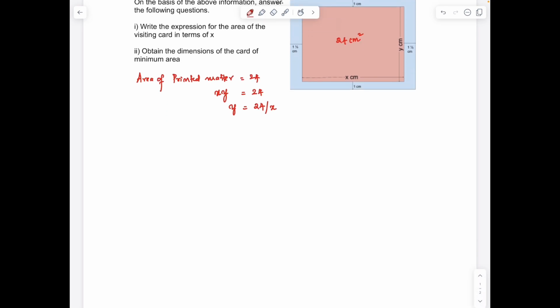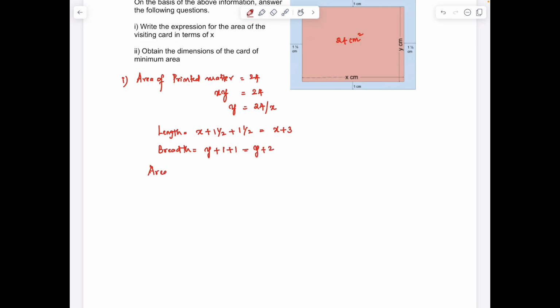The subdivision 1 says write an expression for the area of the visiting card, entire visiting card. So the dimensions of the visiting card, length is equal to x plus 1.5 on either side, which is x plus 3, and breadth is equal to y plus 1 plus 1 on top and bottom, which is equal to y plus 2.